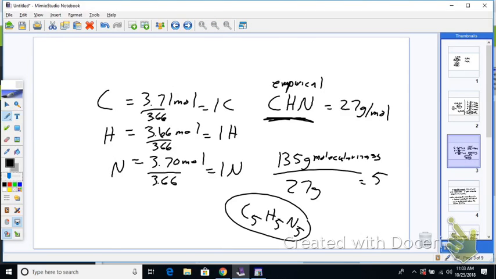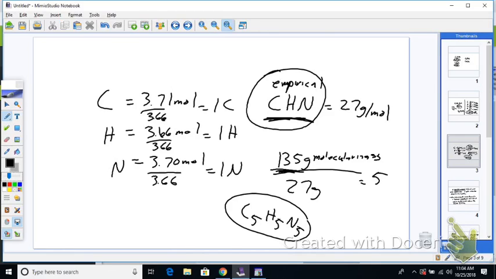Some of you left it as CHN. Okay, some of you just left it at that and said, that's my answer. Well, that's the empirical formula. It says that the molecular formula mass, or the molar mass for the compound is 135. So you have to add it all up.